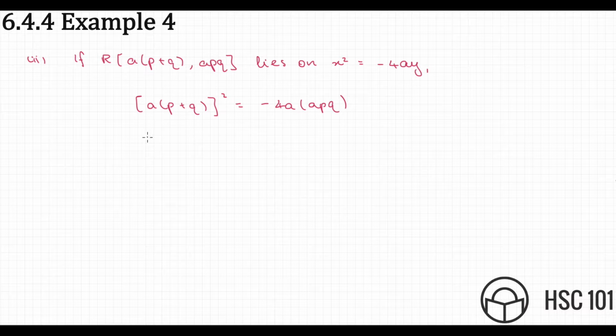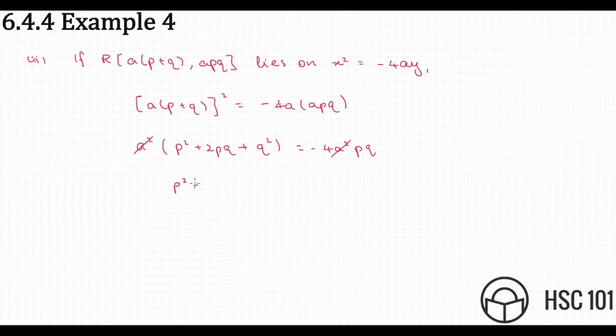Expanding this, I've got a squared times (p plus q) squared, which becomes p squared plus 2pq plus q squared, equal to negative 4a squared times pq. If I divide both sides by a squared, it will be a little easier, and that's okay because a is just a constant that is not equal to 0.